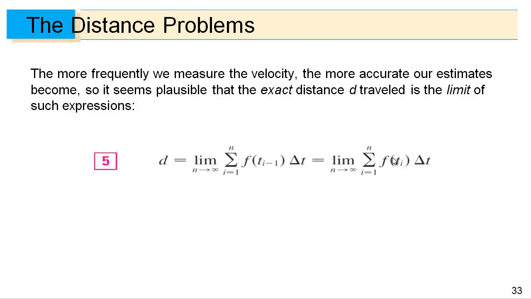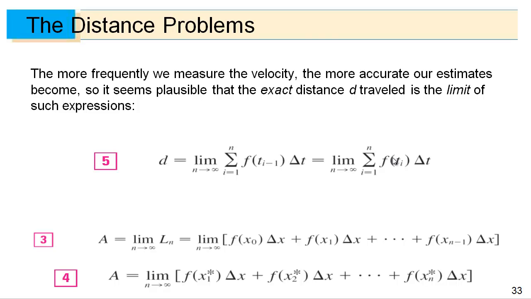So we've now seen that distance and area under the curve end up having roughly the same formulas. And I'll put them here so you can remember what they were, and you can see the similarities. Here is our left hand one, f of x sub 0, delta x, dot dot dot, which is going to become the limit with the sigma notation.